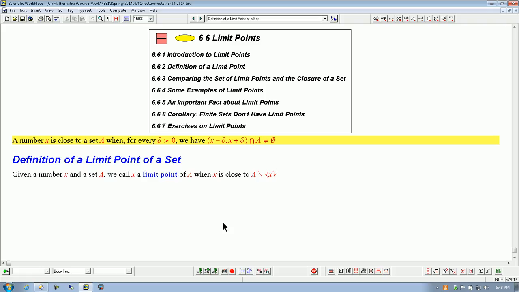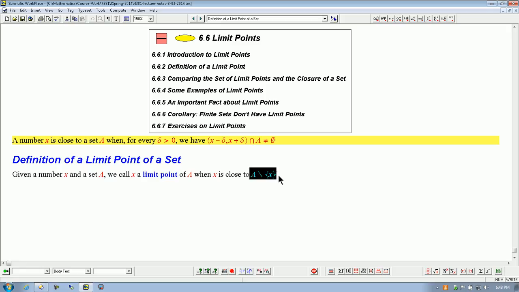Trust me. Just for the moment. Definition. A number x may or may not be what we call a limit point of a set A. What does it take? A number is called a limit point of a set when it is close to this set here.